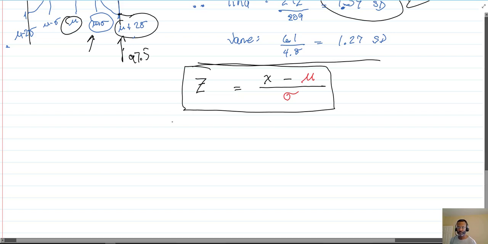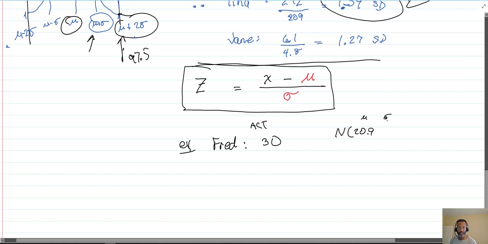So, for example, let's do a quick calculation. Let's say that we have Fred, and Fred's score is 35. And this is on the ACT. What we also know about the ACT was that it followed a normal distribution, had a mean of 20.9, and a standard deviation of 4.8.